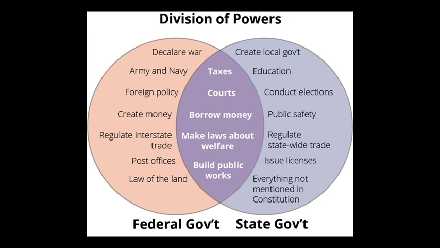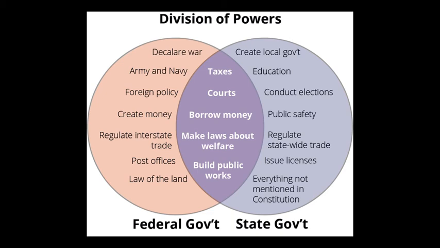So, for instance, they can't create a special tax on goods that come from one state, etc. And that's called interstate trade. The federal government can also regulate things like post offices and ways and means. Essentially, the federal government is in charge of the major law of the land, so the rights of the people are enshrined in the federal constitution.